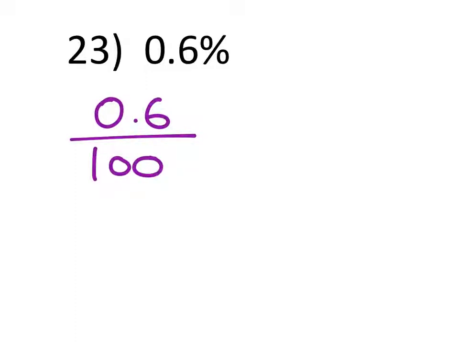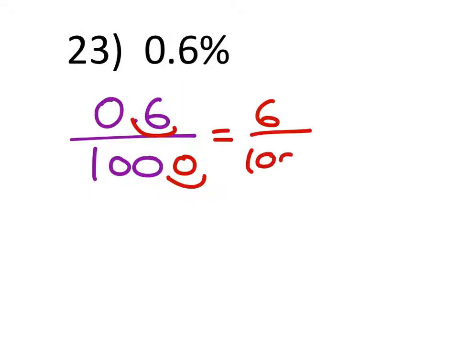So since we do want fractions on these, I'm going to just make this, because it's 0.6, 0.6 per cent, so per 100 out of 100 like this. And if we move this decimal over, we'll move this decimal over as well, making this 6 out of 1,000. Both these are even, so we should be able to divide them both by 2, leaving me with 3 500ths.